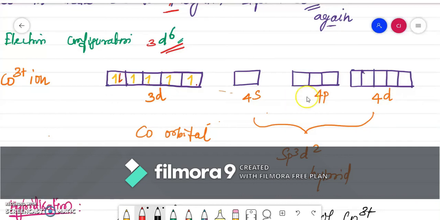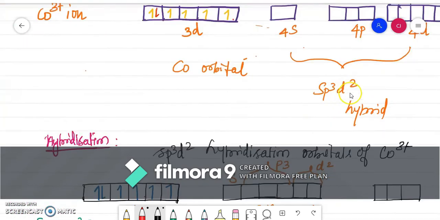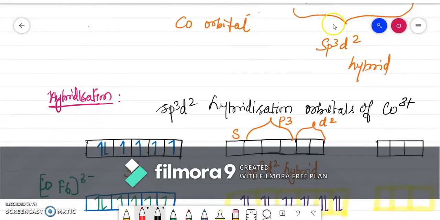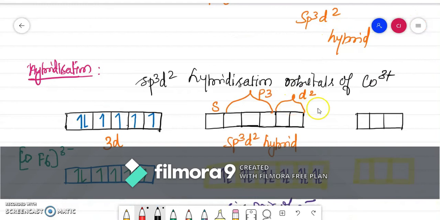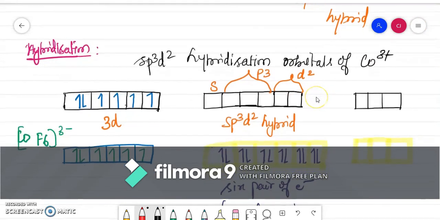Here the only twist is with the ligand orbitals, 4s and 4p. After 4p, what will you fill, 4d, no? So you should draw like this. Then the hybridization you should check with the splitting. With the splitting only you come to know the hybridization, right? So the hybridization is sp3d2.